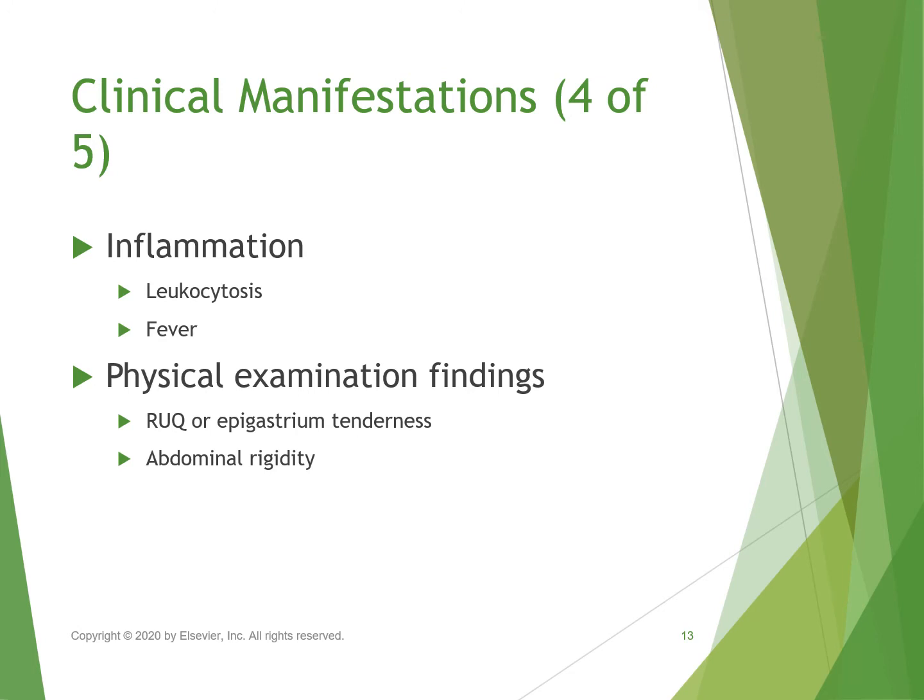If we are concerned about infection, you could possibly expect leukocytosis, an elevation in the white blood cell count, accompanied by fever, and then the right upper quadrant or the epigastric tenderness, and the abdomen might even become rigid as the inflammation progresses.